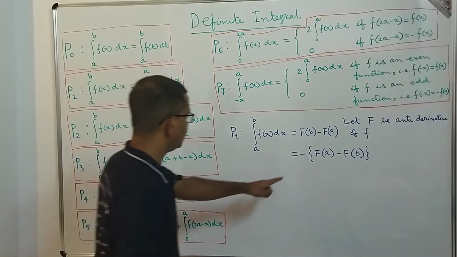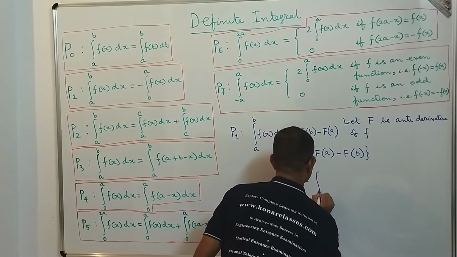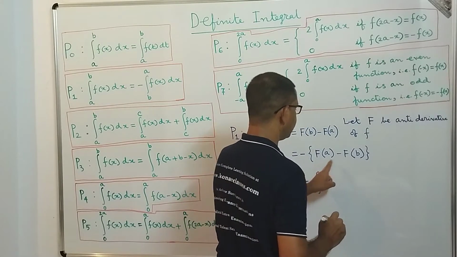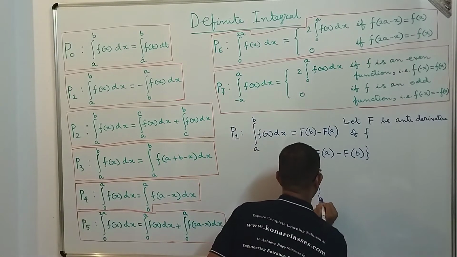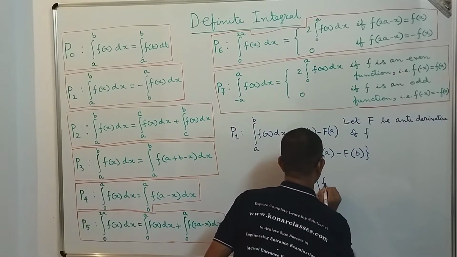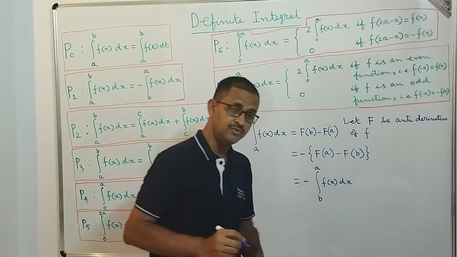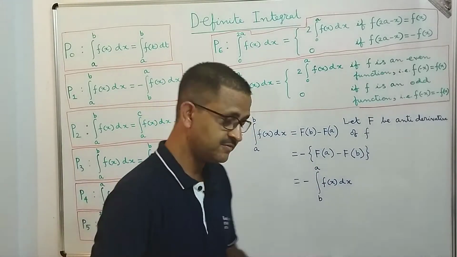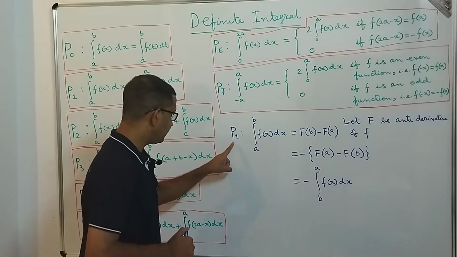So that means this is equal to minus integration, according to the second fundamental theorem of integral calculus, from b to a f(x) dx, where uppercase F is the antiderivative of lowercase f. So we are able to prove the property P1.